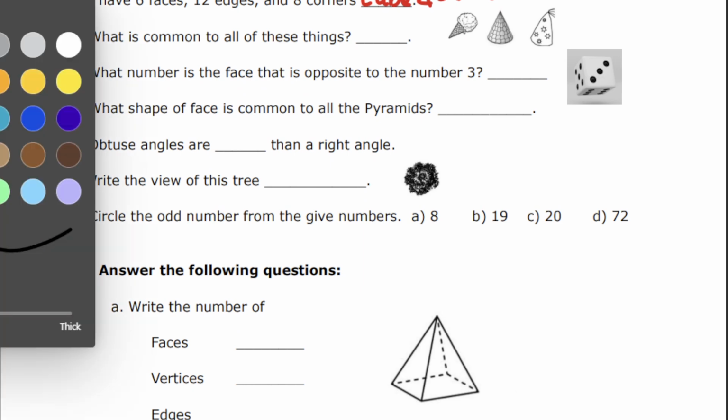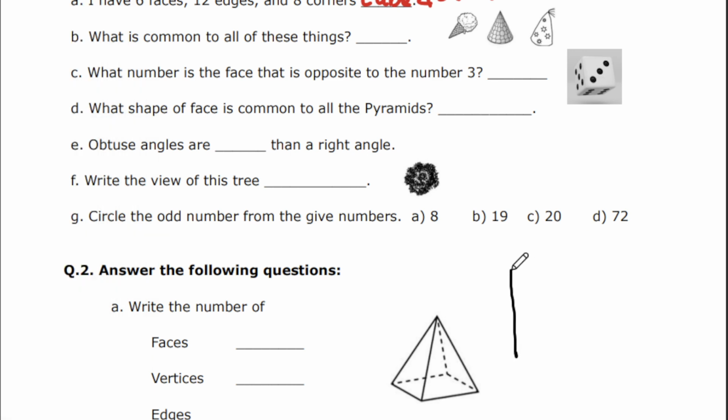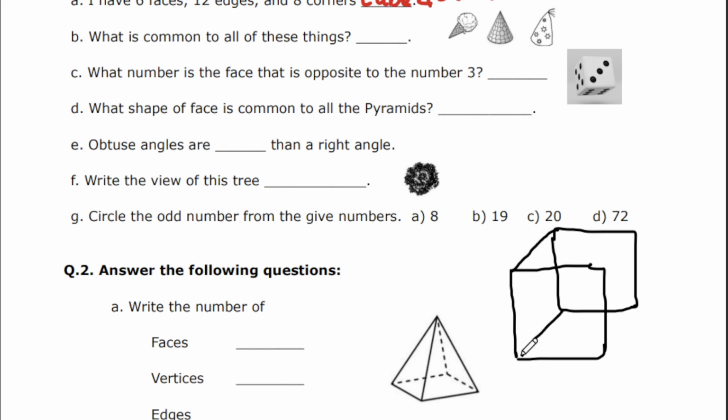Take a black one. I'm going to draw the shape of a cube. We have studied this in detail when we completed chapter 1, shapes around us. If you missed it, kindly watch it. First we will go for the faces.